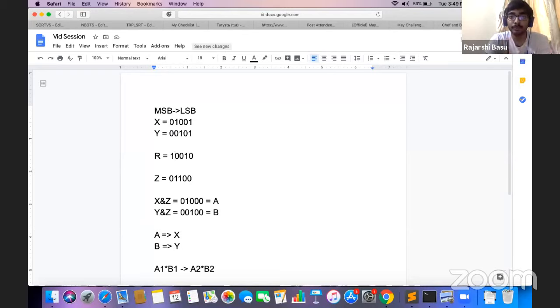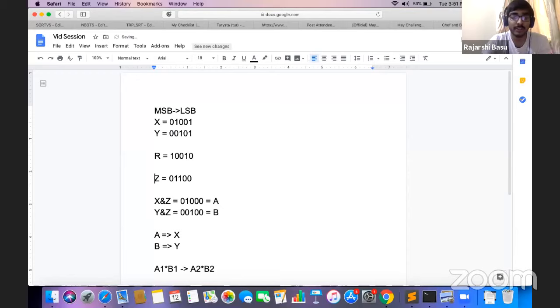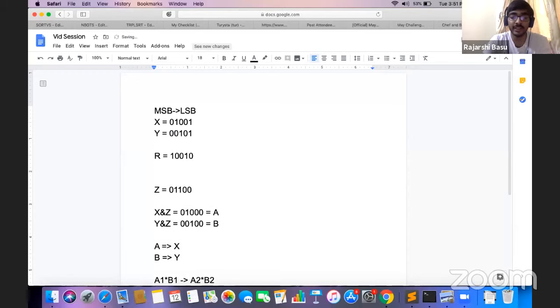So R will have the 1 bits, like the first bit set in R is greater than the highest bit set in X and set in Y, right? So in the first subtask, there is effectively no restriction on Z because Z will always be less than R. So what is the scenario when Z is greater than equal to R, or rather greater than R?